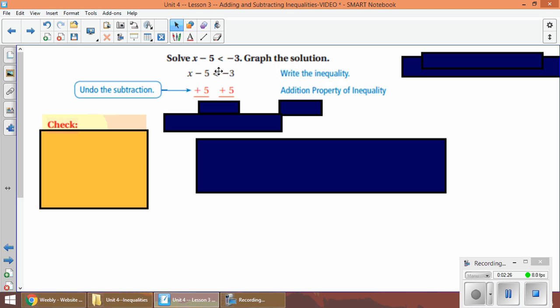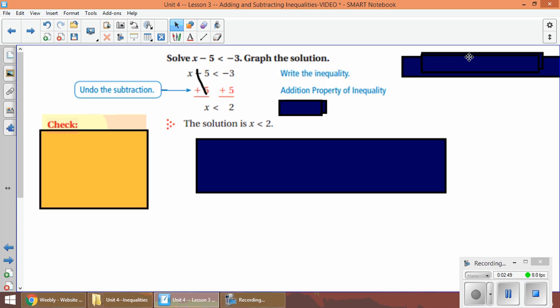All right, if this was an equation, it would be called the addition property of equality. But since it's not an equal sign and it's a less than sign, it's called an inequality. So here are my 0 pairs. That leaves me with x is less than, and in your calculator, -3 plus 5 is 2. So the solution is x has to be less than 2.